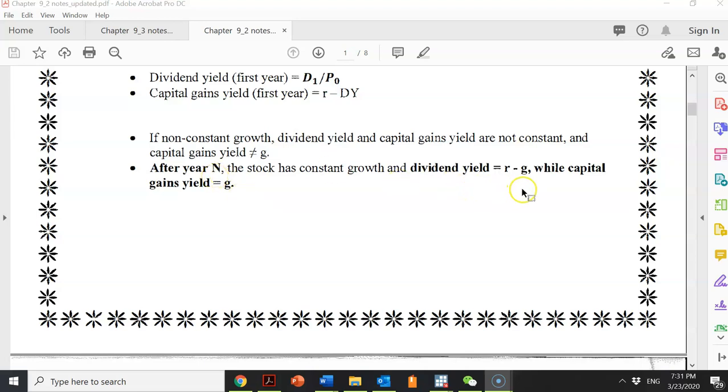So we can still use the two conclusions from last class that dividend yield equals R minus G and capital gains yield equals G in the constant growth setting. For the second stage, we can still treat it as a constant growth model. It's just that in the first stage, we may have a much faster G because this firm is at the starting point, and usually they have a faster growth rate compared to a mature firm.